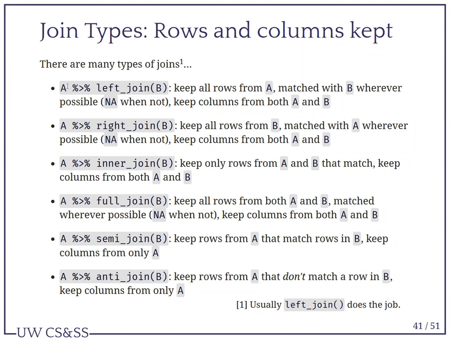Here's what the syntax will look like for this kind of join. You'll have your data frame A, and then you'll left join data frame B to A, okay? A right join is just the opposite of this. We keep all the rows from B, match with A wherever possible, provide an NA when not, and keep columns from A and B. So for this instance, it's just the directionality of it.